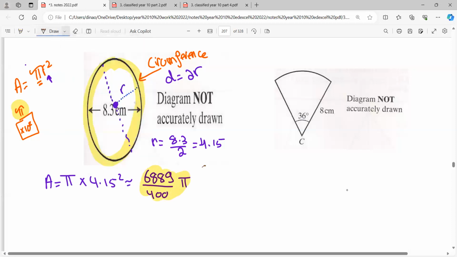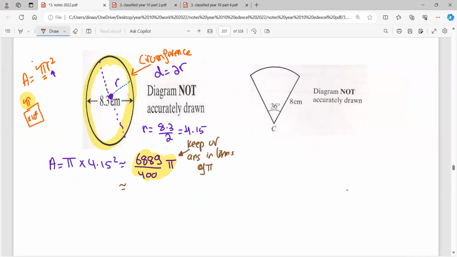I leave my answer like this if the question says keep your answer in terms of pi. If the examiner said that they want the answer in terms of pi, you leave it as it is.